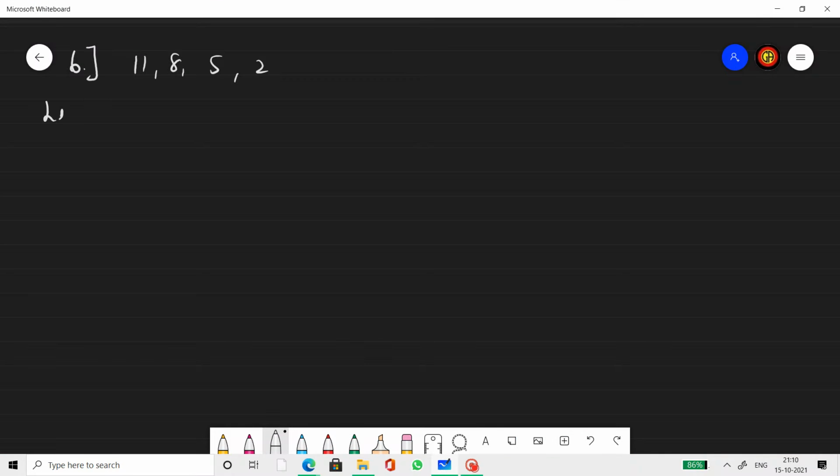So I'm going to take let an equals minus 150. So that means 11 plus n minus 1 into 8 minus 11. D is 8 minus 11, which is minus 3.